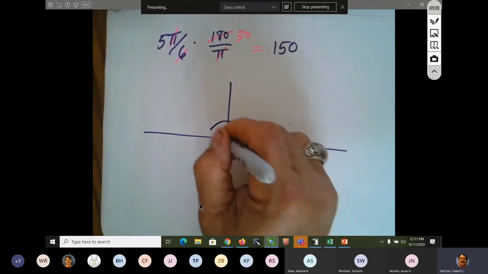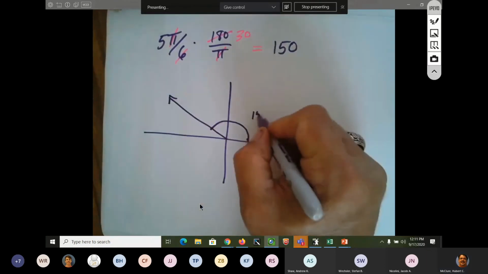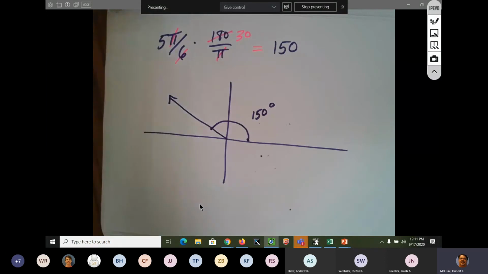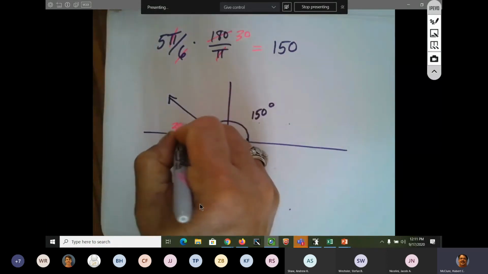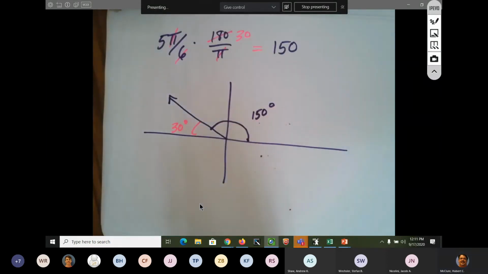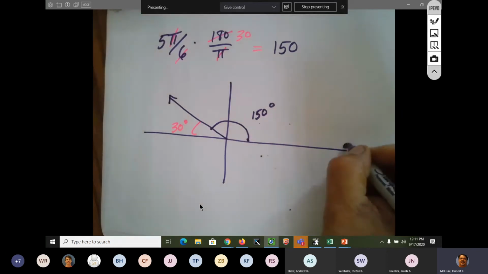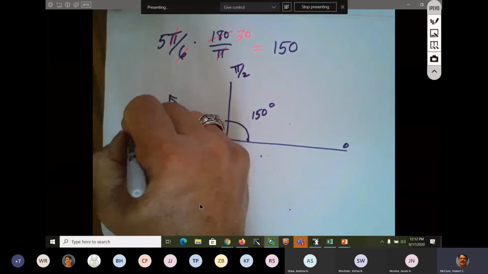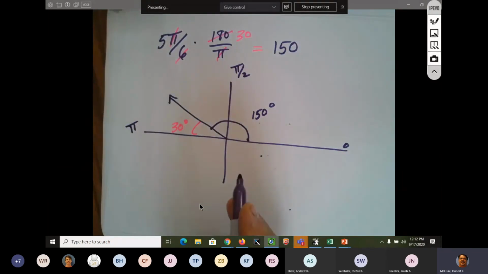It'll be somewhere right in there, and you know automatically that this reference angle here is 30 degrees. Well, what is 30 degrees as far as 5 pi over 6? You could also do it like this. This is 0, this is pi over 2, and this is pi. Well, pi minus 5 pi over 6.